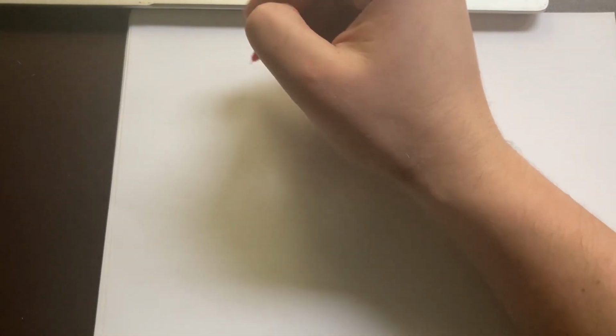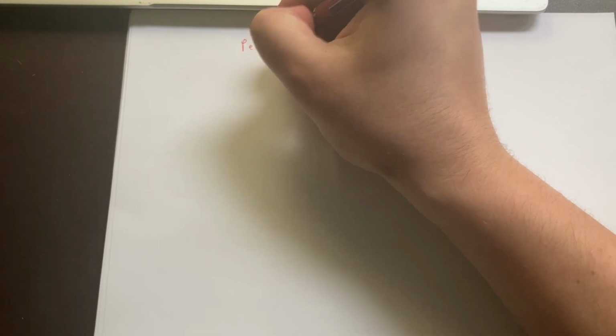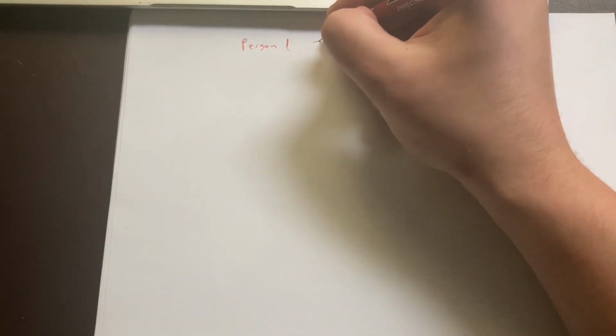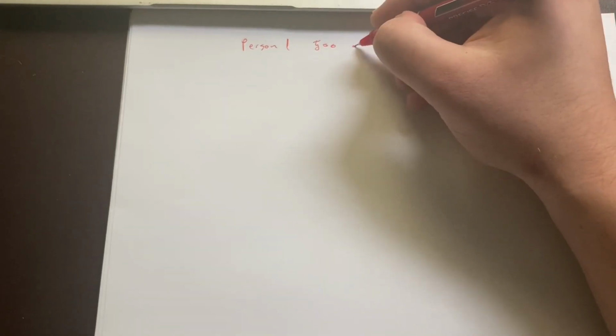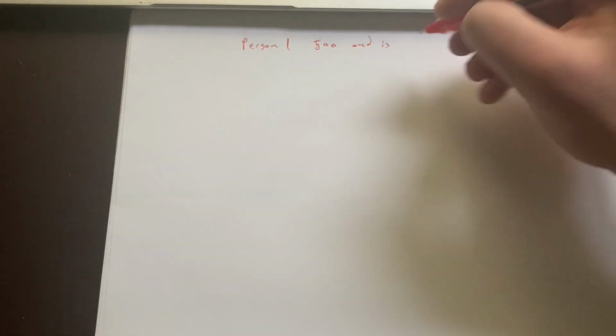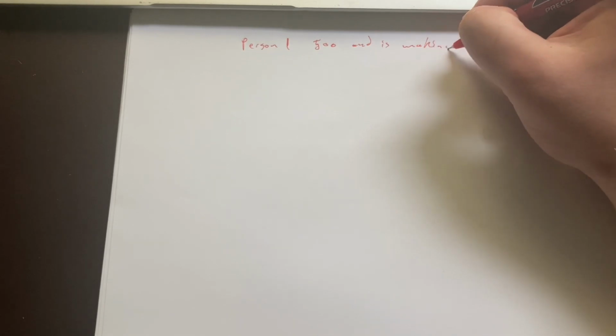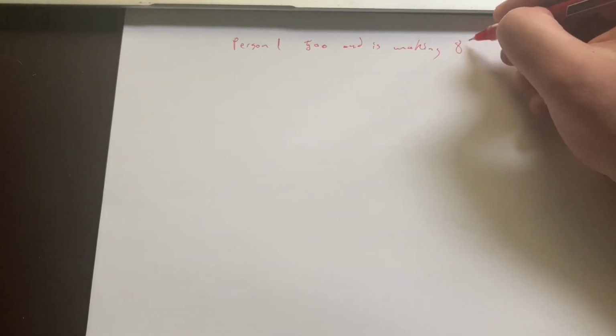So the next type of problem that I want a pre-calc student to know in the first unit of Mr. Slaney's course is how to know when two bank accounts will be equal. Let's say person one starts with $500 and is making, I don't know, 8%.